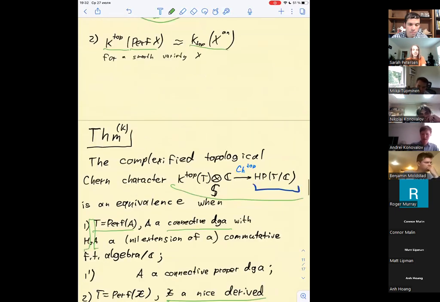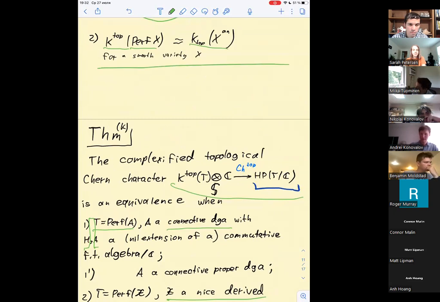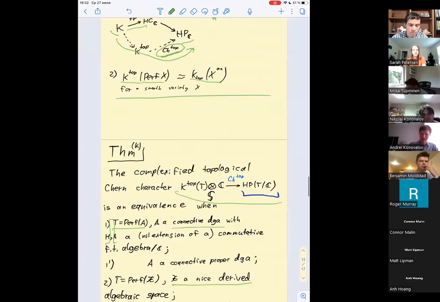Actually, let me make a small remark before that. Again, I said some words about dg-algebras, and I said some words about dg-categories. But the thing that I'd like to also mention is that the difference between these guys is not that large.